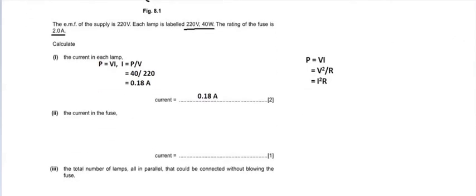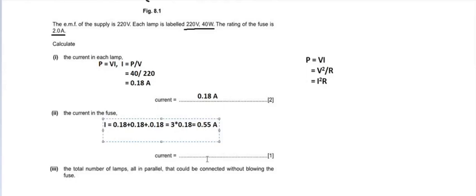So the total value of I will come out to be 3 times 0.18, which is 0.55 ampere.